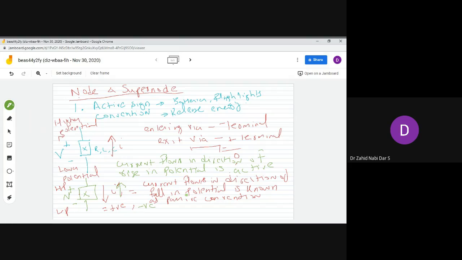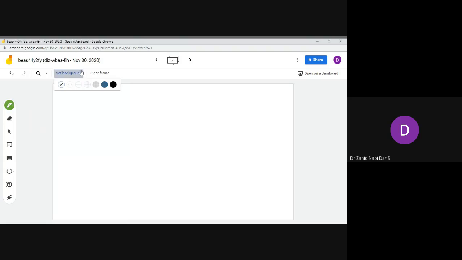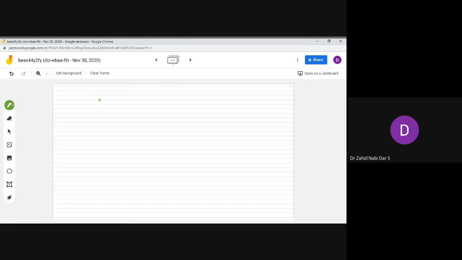Whenever I solve a nodal analysis problem, we will take the passive sign convention, so that we will not get any doubt.